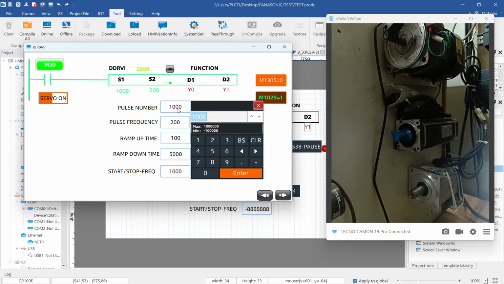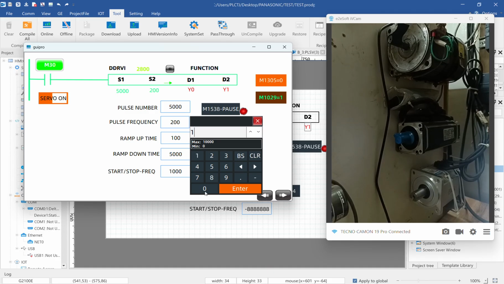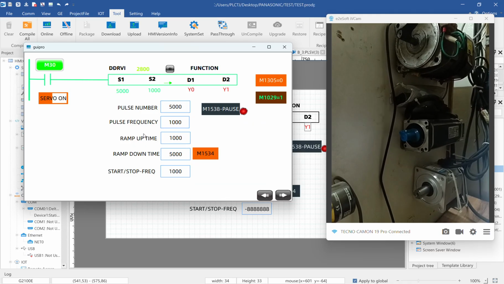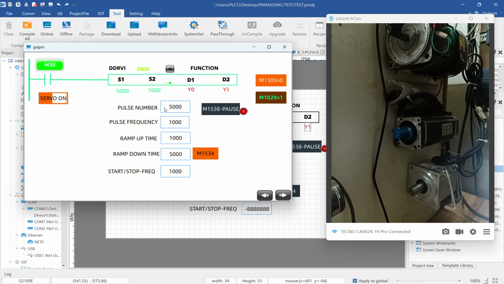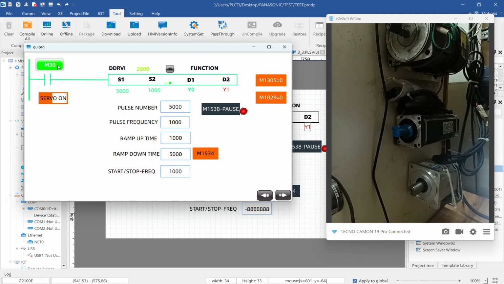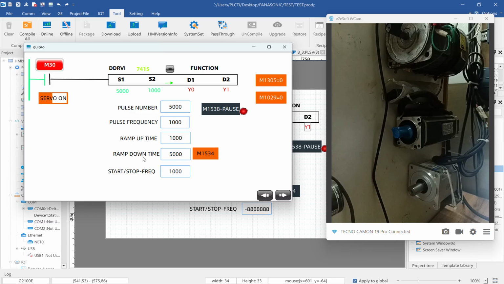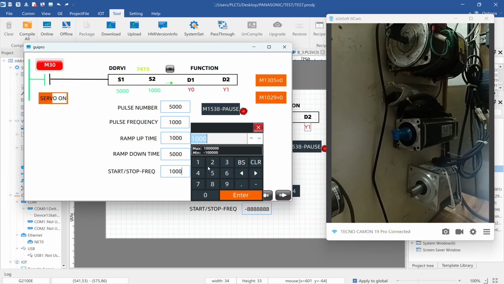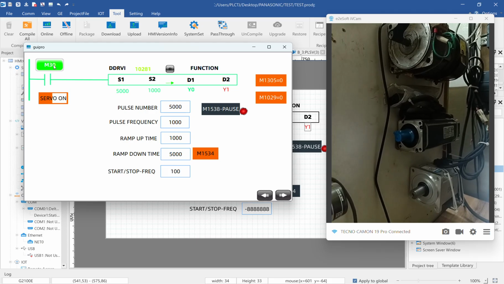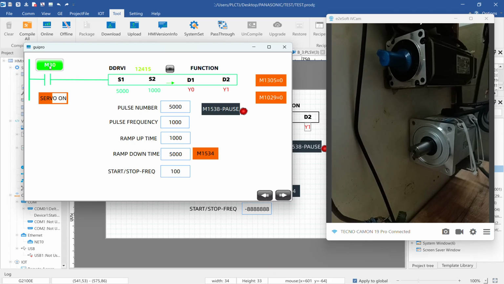Again, I will increase my speed. Pulse number and speed I will increase, and I will give ramp time, same as the PLSY function; the PLSR function has ramping there. The speed is very low because the ramp up time, ramp down, and start and stop frequency are the same, so we don't have ramp up.